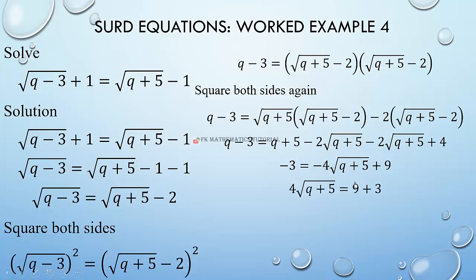So we group like terms, the constant terms on the right. And when we divide through by 4, we get square root of q plus 5 is equal to 3. So squaring both sides again will give us q plus 5 equals 9. And q will be equal to 4.